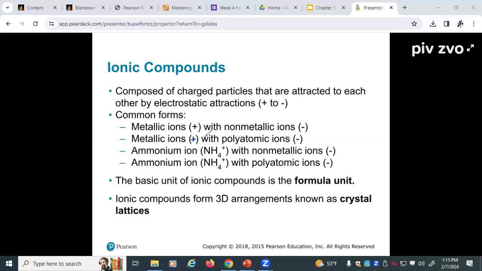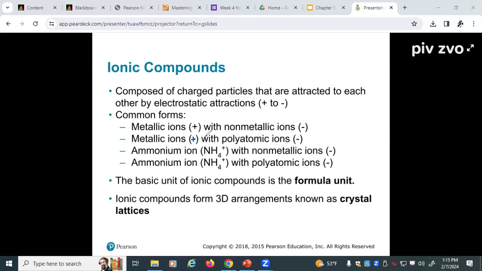Ionic compounds form these 3D crystal lattices. You've got these ions that are attracted to a whole bunch of negative ions and a whole bunch of positive ions all together to make this big crystal. Because of that, it's really hard to pick out an individual molecule of a given ionic compound because it's part of this big, vast array of molecules.